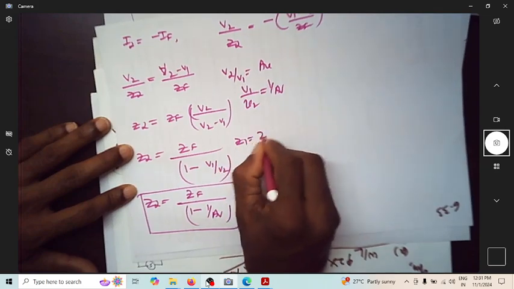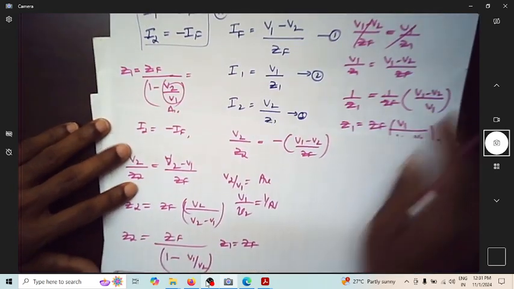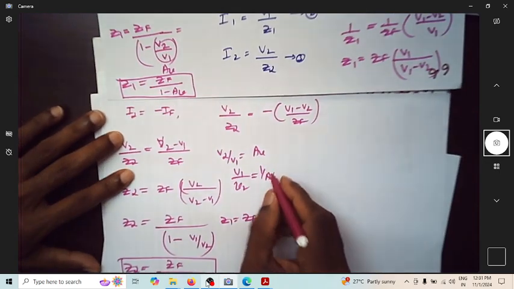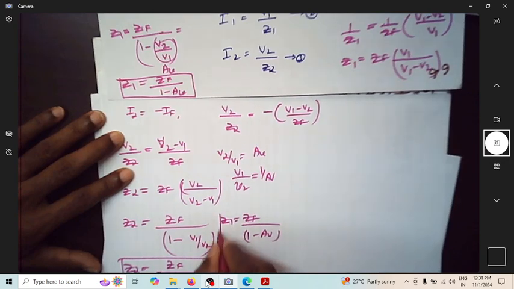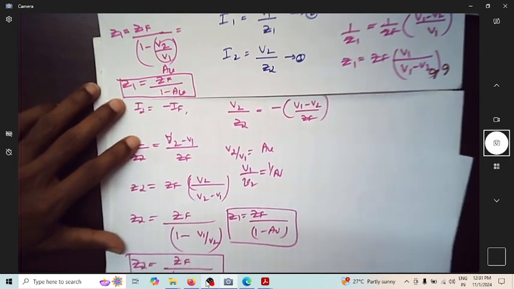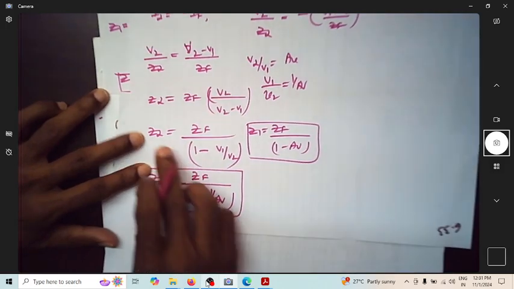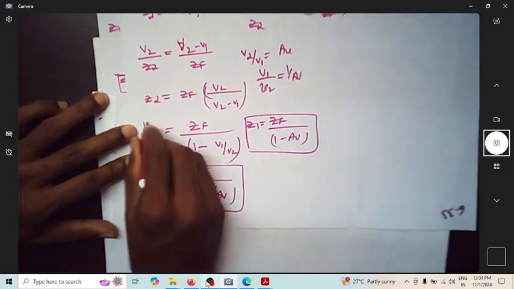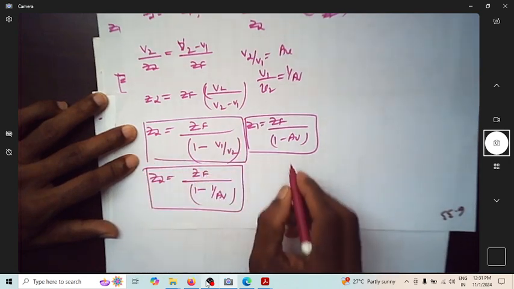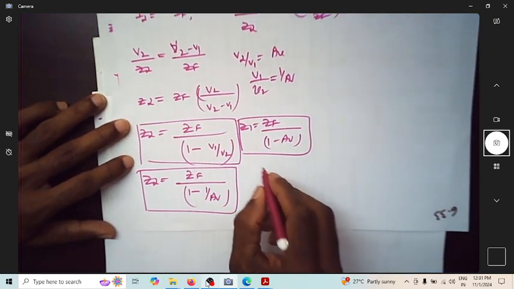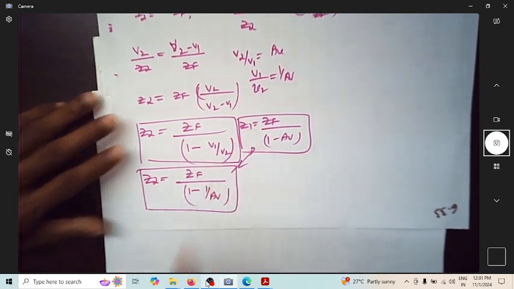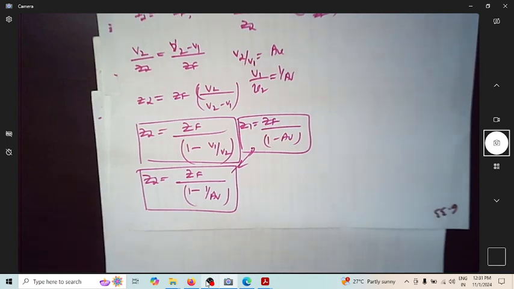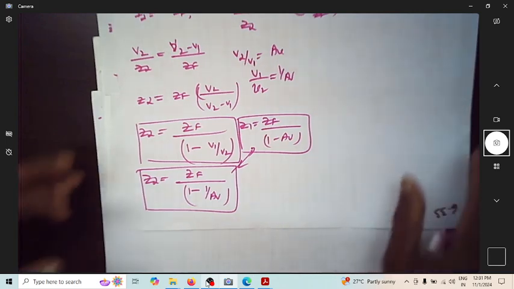Z1 was equal to ZF divided by 1 minus AV. Correct? So this is the expression for Z1 and Z2. These two are the equations. This is Z2, that is Z1. So this is in terms of impedances.